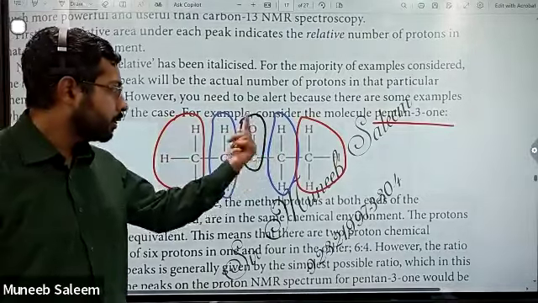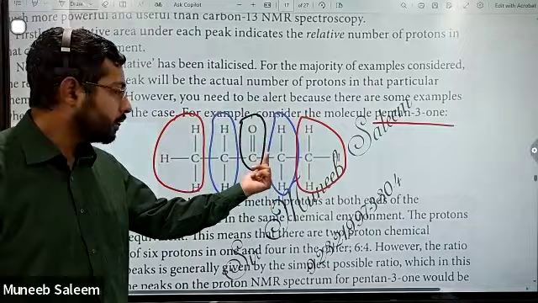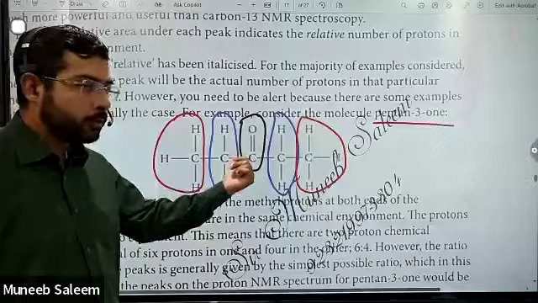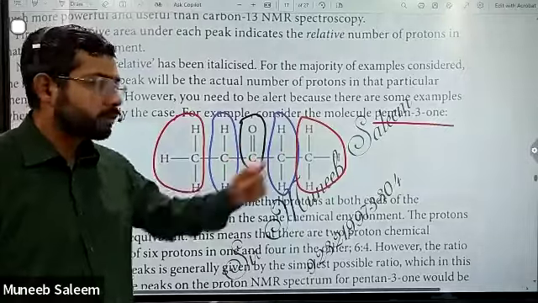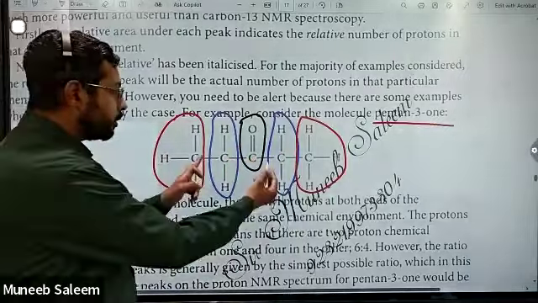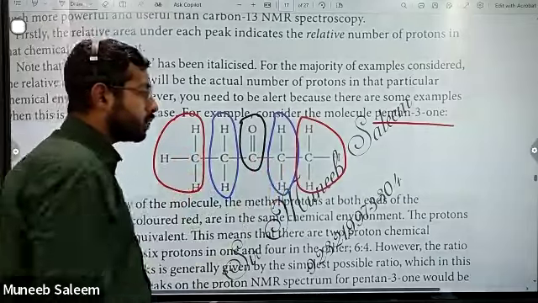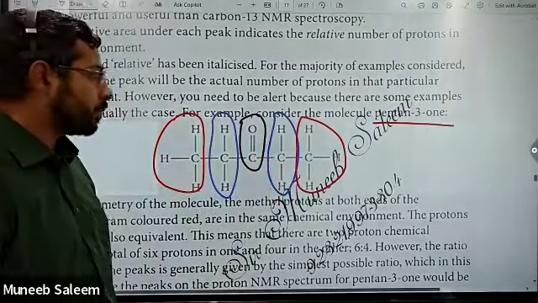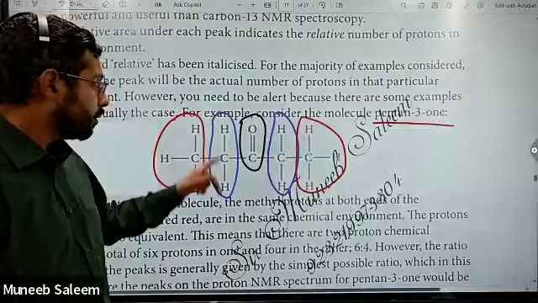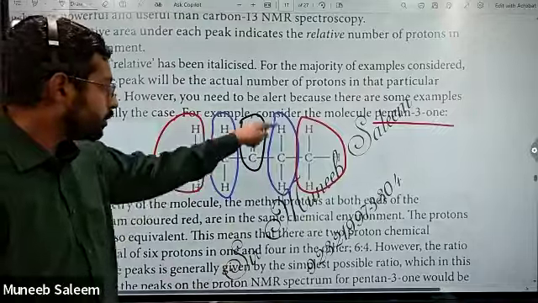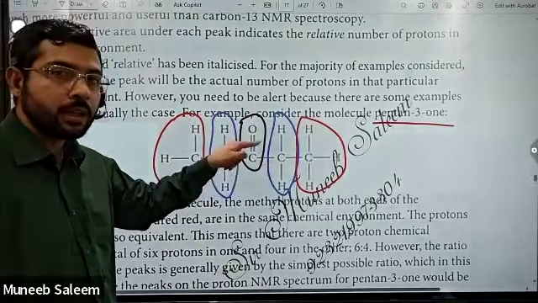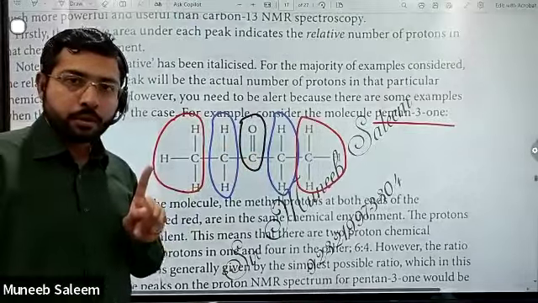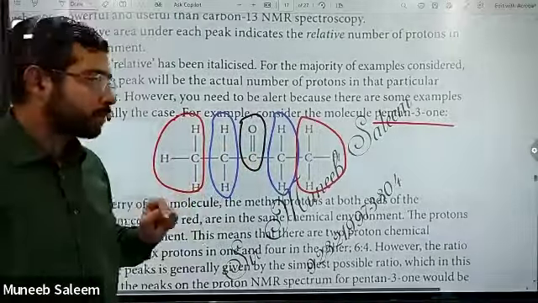Same goes over here. The two hydrogen atoms are connected directly with the carbonyl group on one side and the CH3 group on the other side, which means both of these CH2 groups are chemically in the same environment, and hence all these four hydrogen atoms combined will produce one peak on the NMR spectrum.